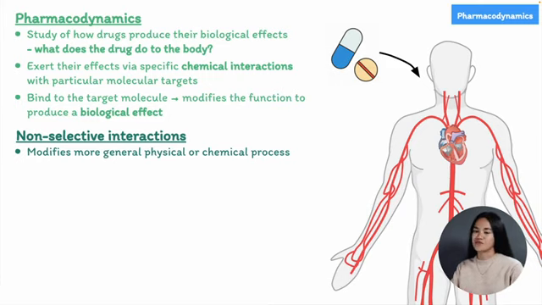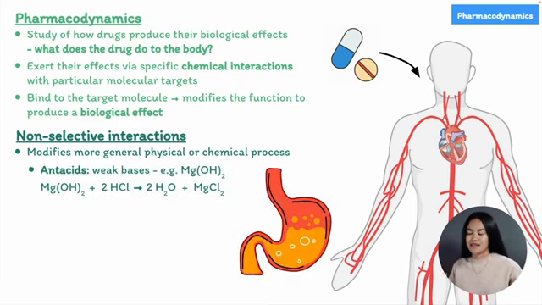Let's go through some examples. A great example are antacids like calcium carbonate or magnesium hydroxide, which are commonly used for indigestion. These don't have a particular molecular target, but rather they modify a chemical process within the body. They work by neutralizing stomach acid through a simple chemical reaction. So they don't target any specific molecule or pathway.